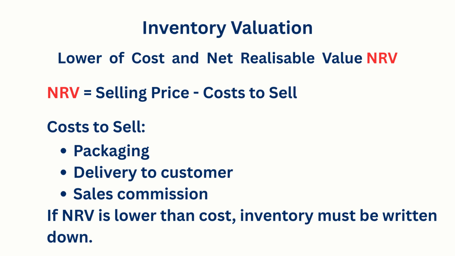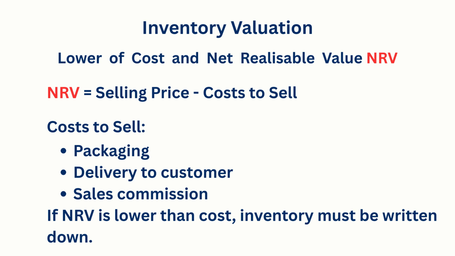Under accounting standards, inventory must always be valued at the lower of cost and net realisable value, known as NRV. NRV is simply the selling price minus any costs required to make the sale. These can include packaging, delivery to the customer, or sales commission.